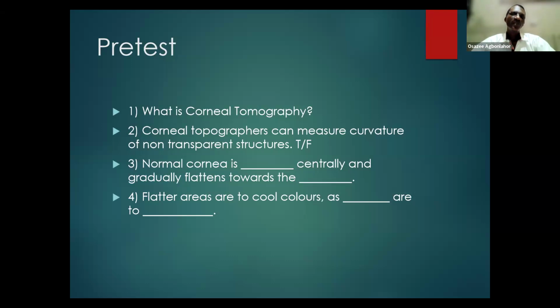In my presentation, I actually took time to differentiate these 2 terms, tomography and topography. For corneal topography, we are looking at just the anterior surface. We are not looking beyond that point. Topography just talks about how flat or smooth a surface is, that's all.